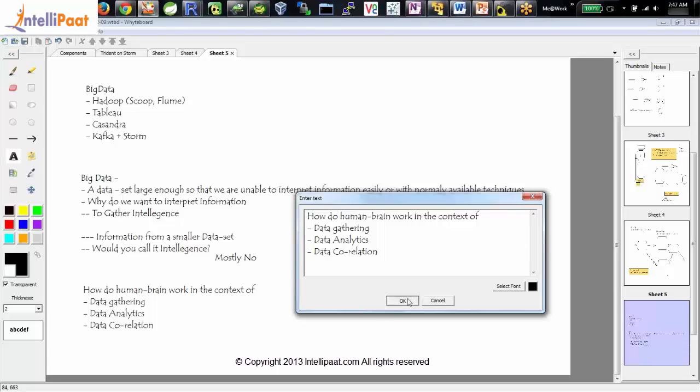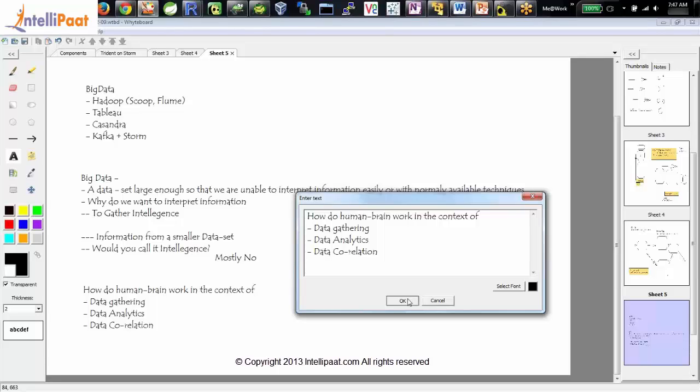So how do human brains work in the context of data gathering, data analytics, and data correlation? How is it different from small data sets? Do humans work on small data sets or big data sets? Small data sets, from a database architect's point of view.